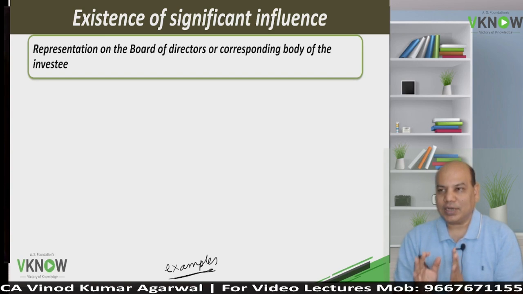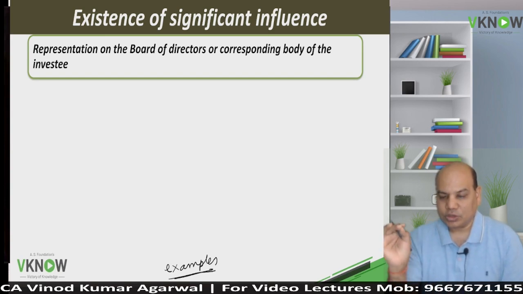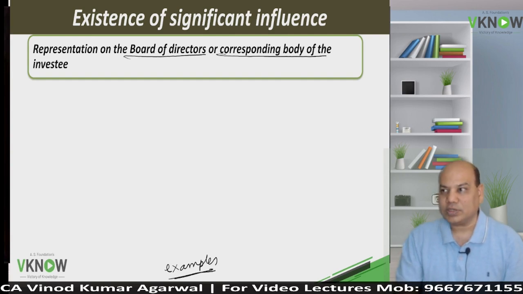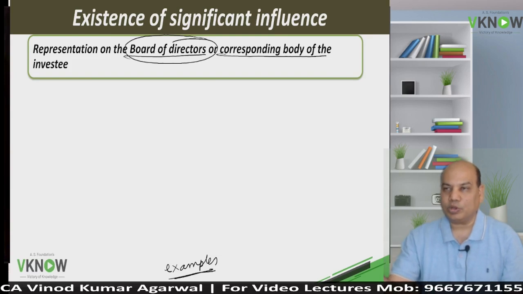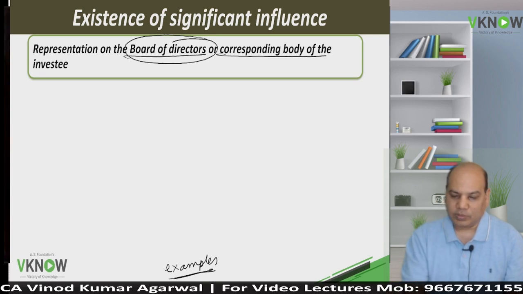One simple test is representation on the board of directors or corresponding body of the investee. That means if you are able to appoint one or more board members, you are able to have significant influence, because the board takes financial and operating policy decisions. So you will be able to participate in the board meeting.